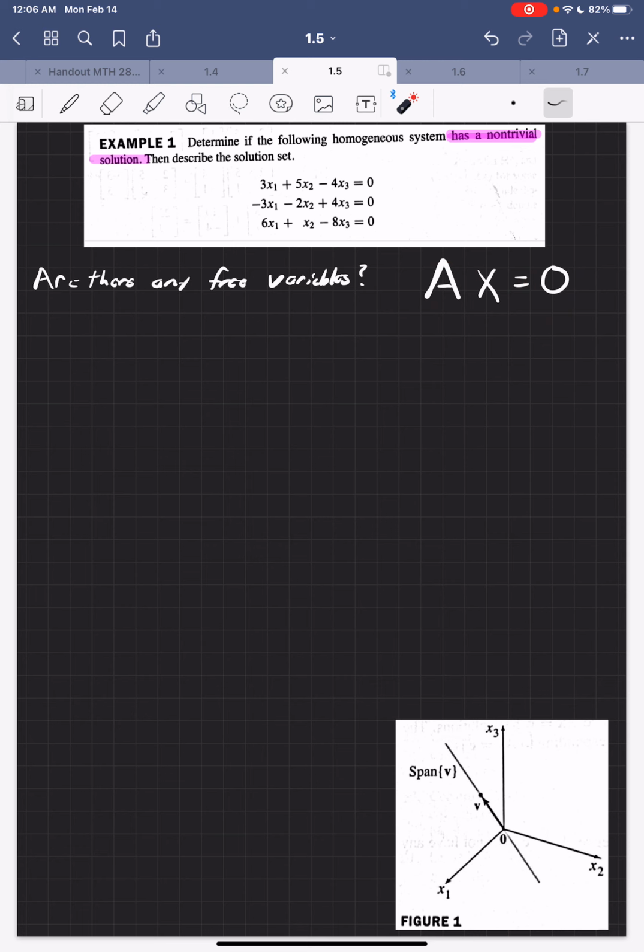So let's go ahead and form a matrix. We can go right to a matrix from this system.